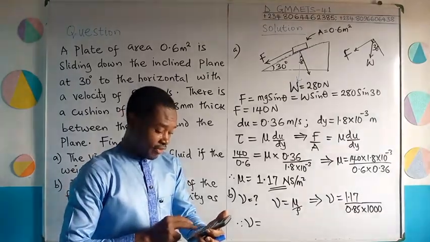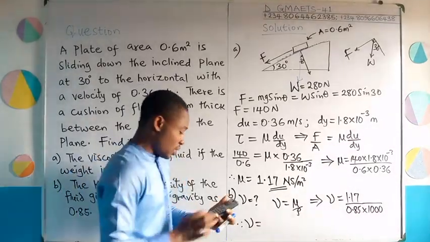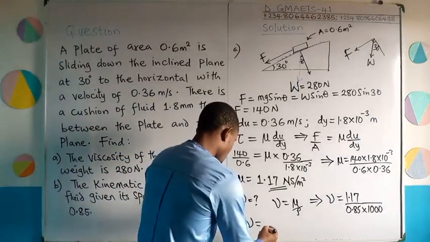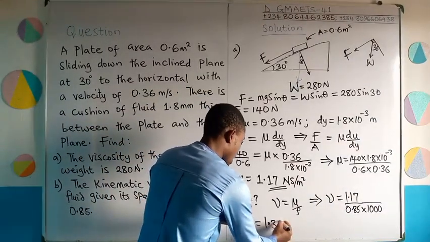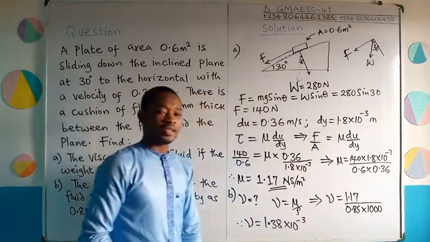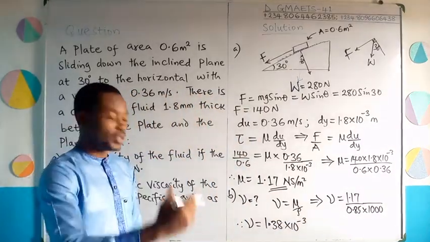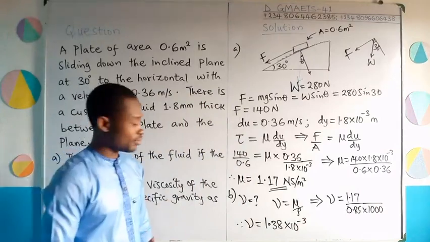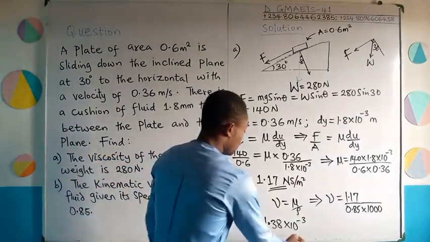Good. So divided by 850. Alright, and this is what it gave to me: 1.38 approximately times 10 to the power of minus 3. That's the same as 0.00138.